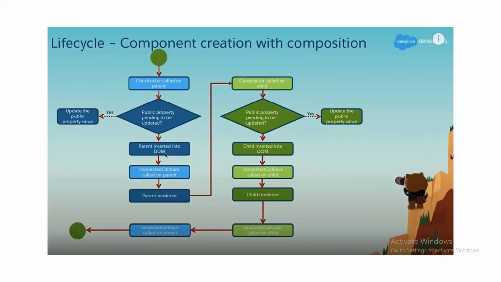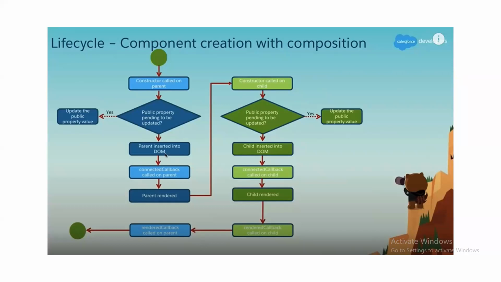Then connected callback is called on the parent, and then the parent is rendered. Then constructor is called on the child, then public property is updated, then the child is inserted into the DOM, then connected callback happens on the child, then the child is rendered, then rendered callback is called on the child, and then rendered callback is called on the parent.